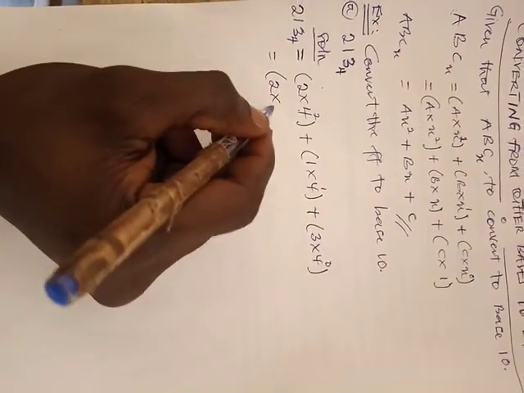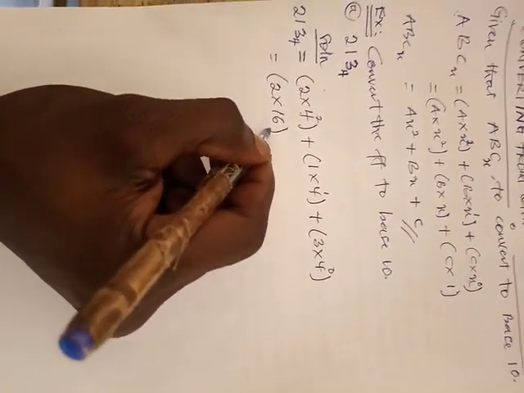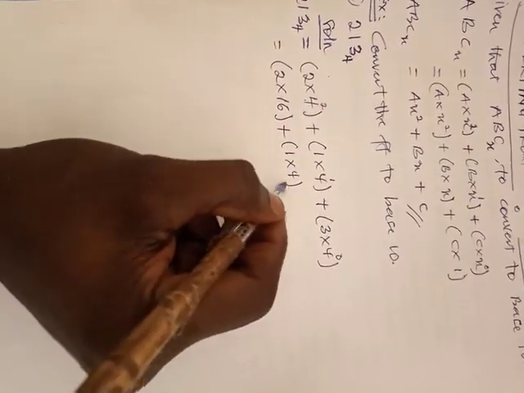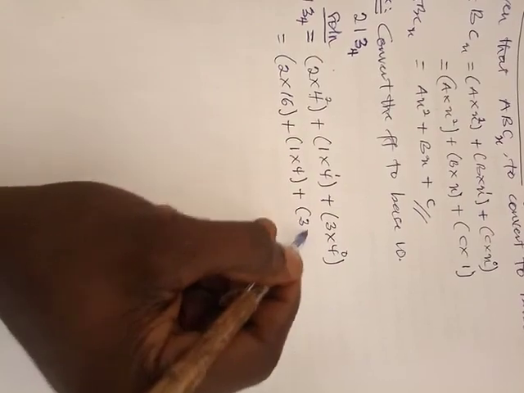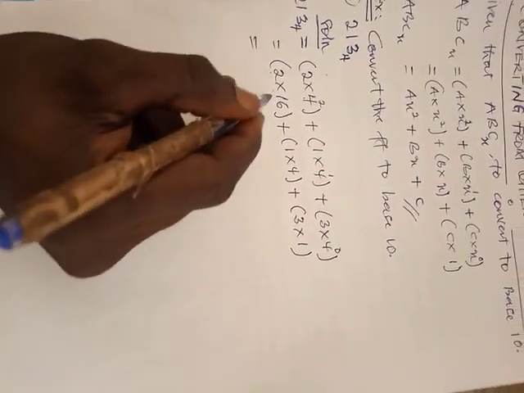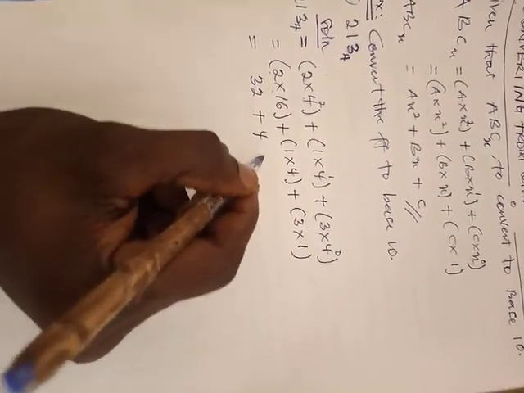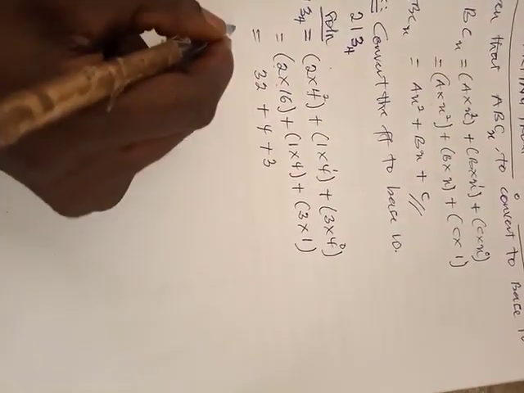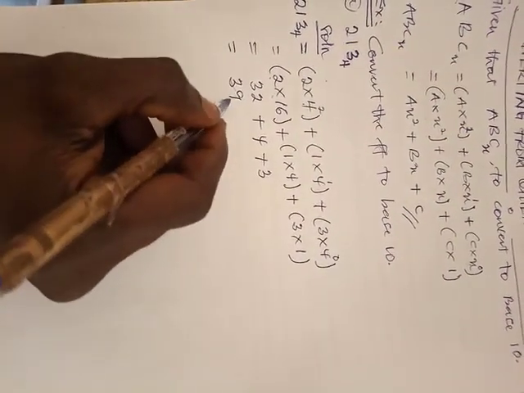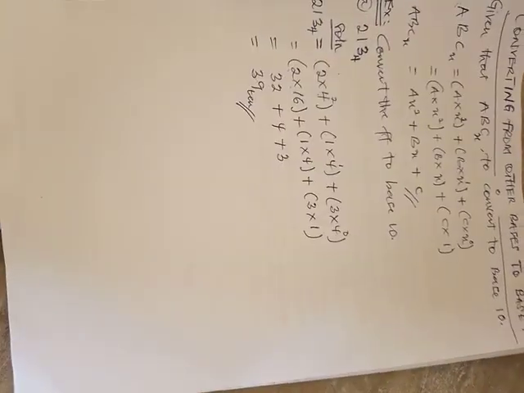So 4 raised to the power 2, that's 4 squared, is 16. 4 raised to the power 1 is 4. 4 raised to the power 0 is 1. So 2 times 16 making 32, plus 4, plus 3. So what do we have? 39 base 10. And that's the final answer.